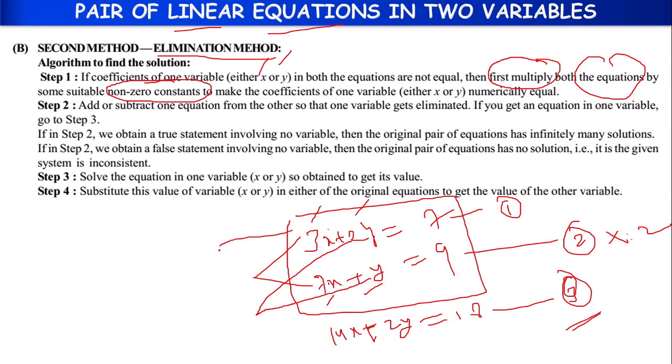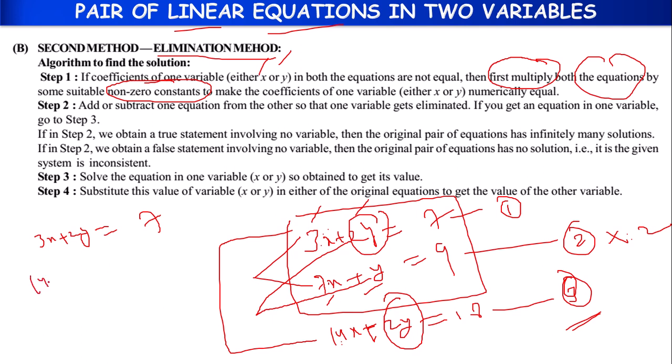If we compare the first equation and the third equation, 3x, 14x, the coefficients of x are different, but 2y, the coefficients of y are the same. So 3x plus 2y equal to 7, first equation, 14x plus 2y equal to 18, third equation.